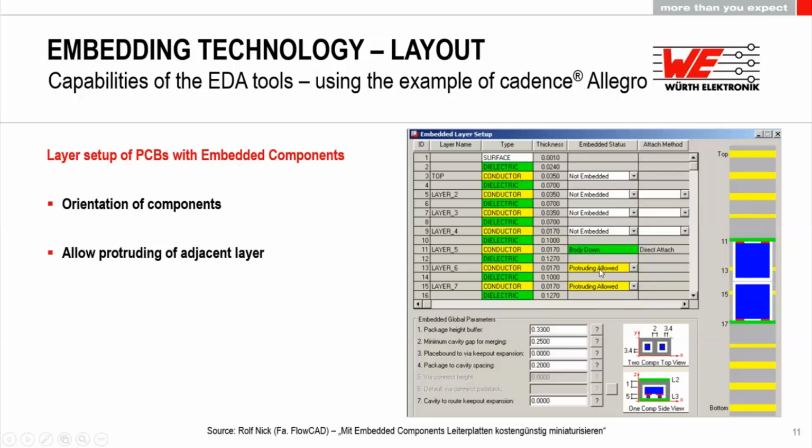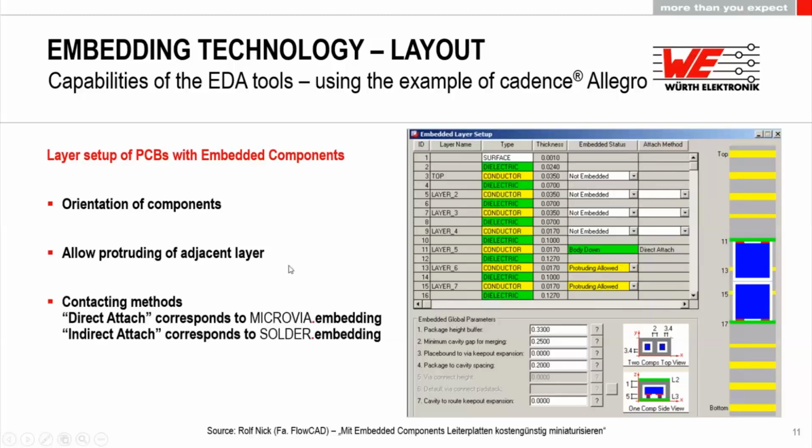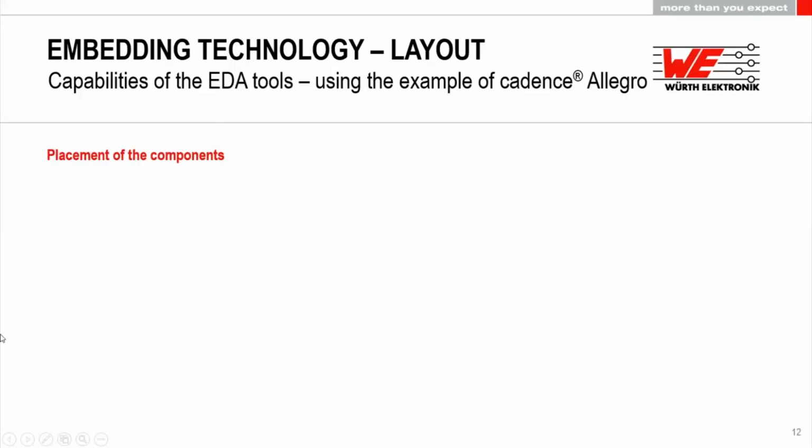Then in Allegro, you can decide if protruding of adjacent layers is allowed or not. So if this component sticks through this layer, and if you allow this, you can define the contact methods here in the attachment method. A direct attach in Cadence Allegro would correspond to our microwire embedding process, and the indirect attach corresponds to the solder embedding.